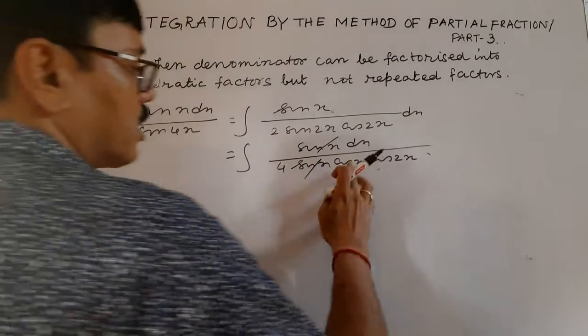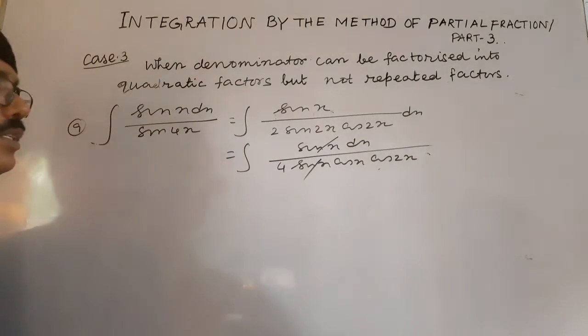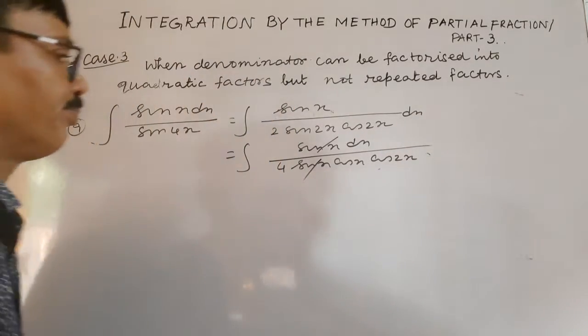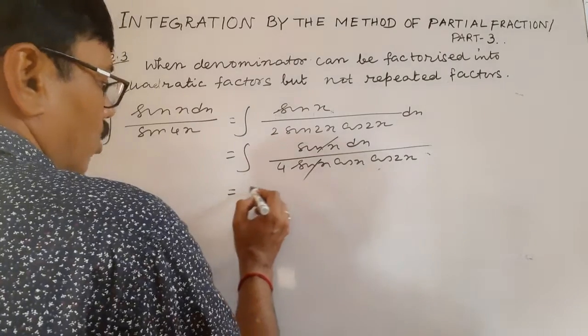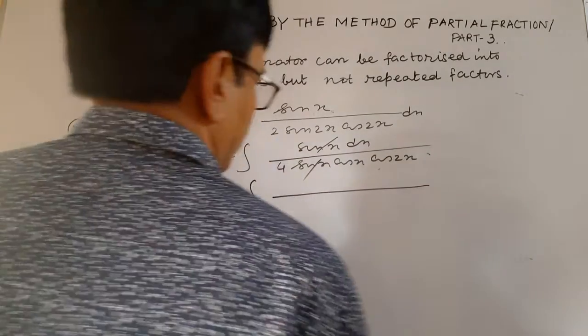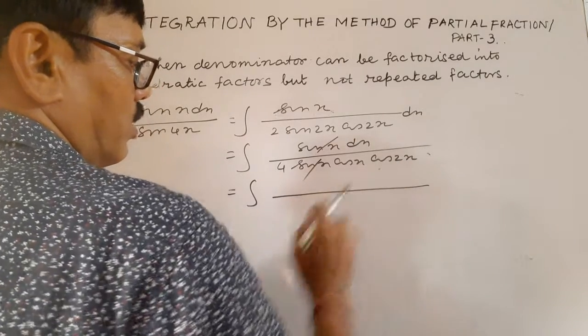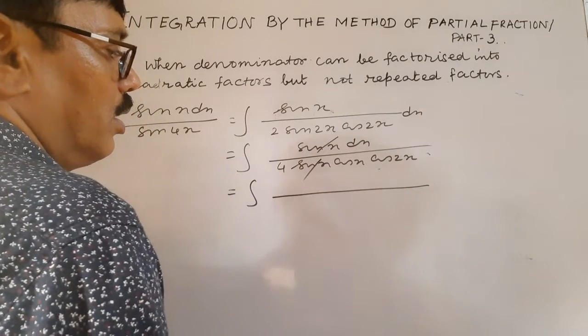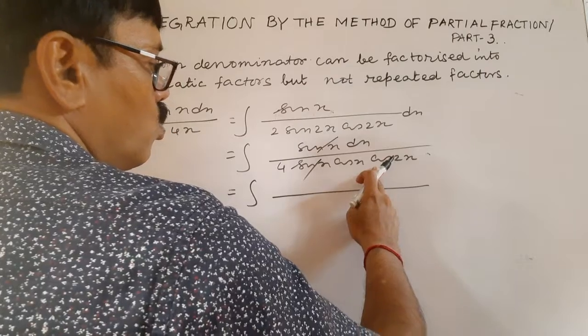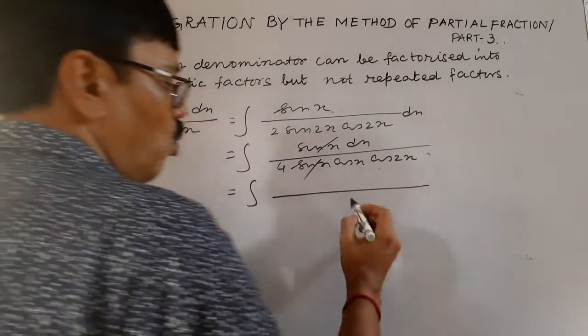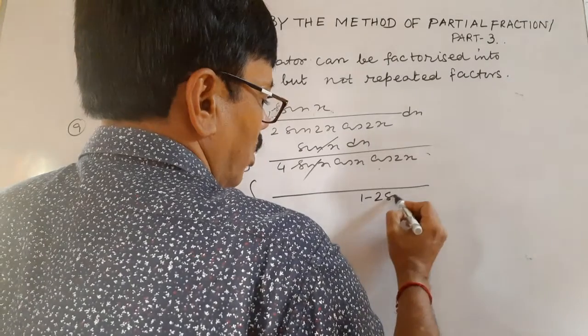Now cos x into cos 2x. Now listen, cos 2x is 2 cos square x minus 1 or 1 minus 2 sin square x.